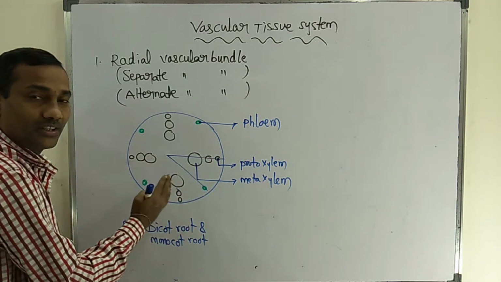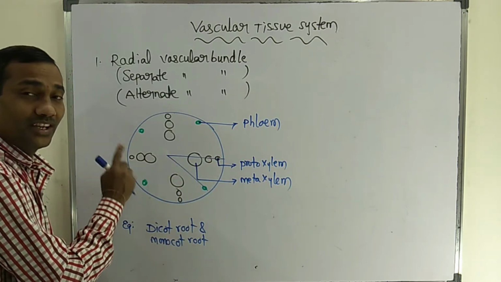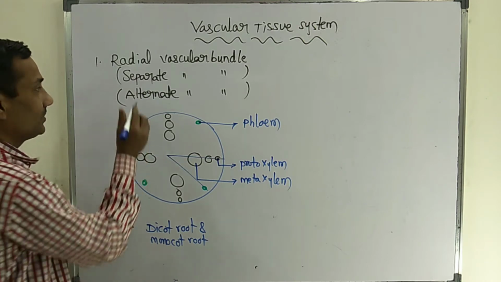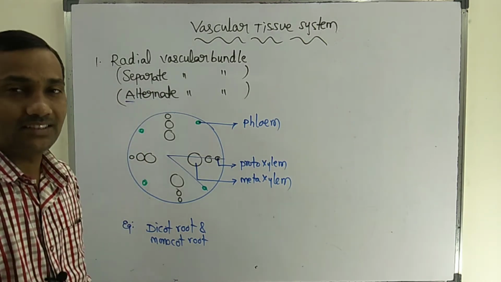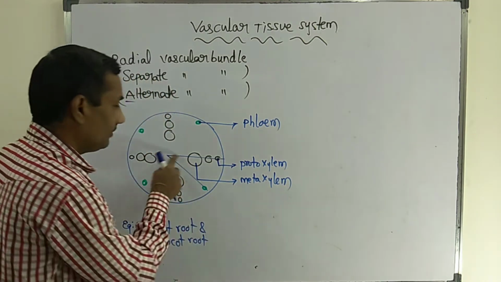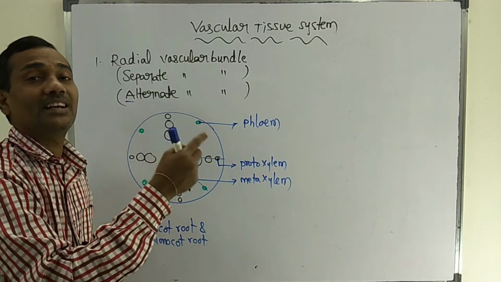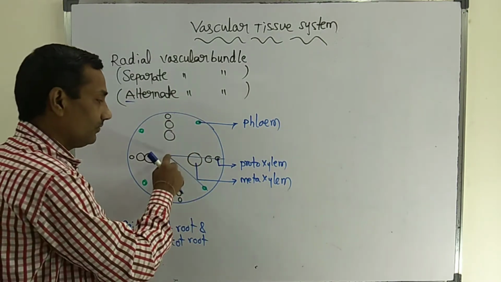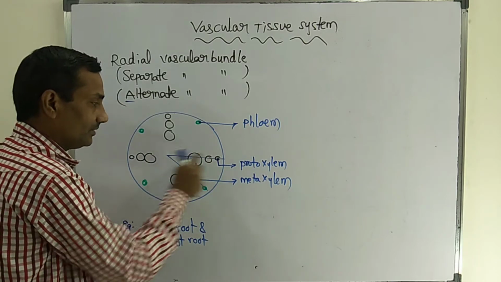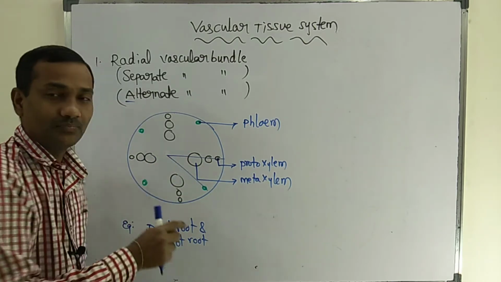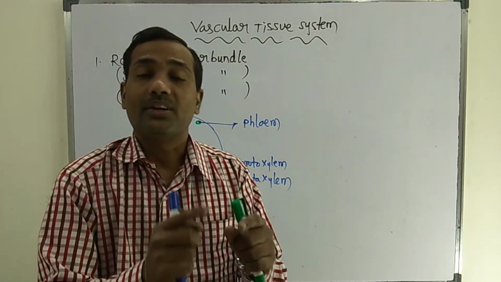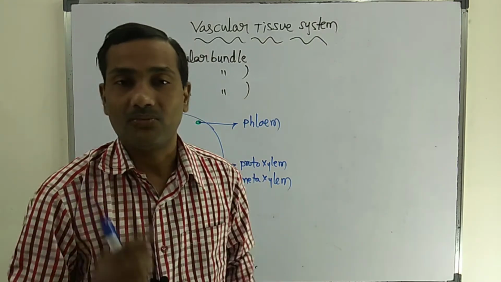That's why they are called alternate vascular bundles. Xylem and phloem tissues are present on different radii. They are not found on a single radius. If you make different radii, you can find either xylem or phloem.